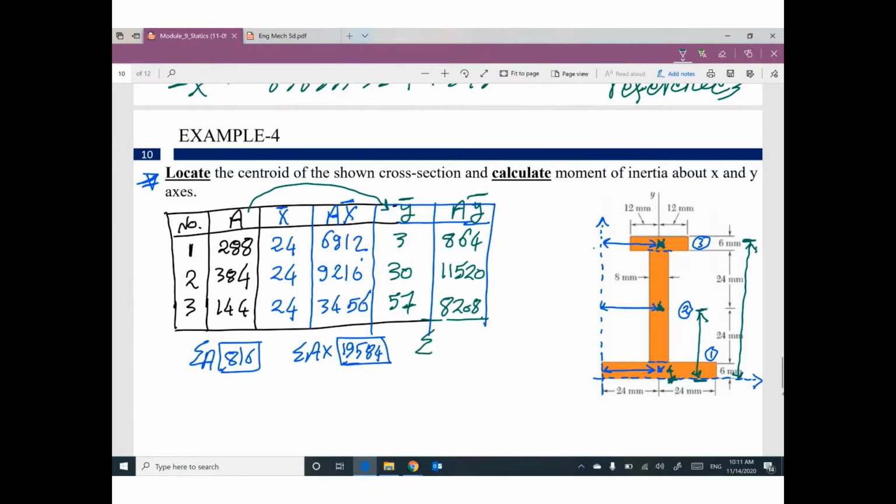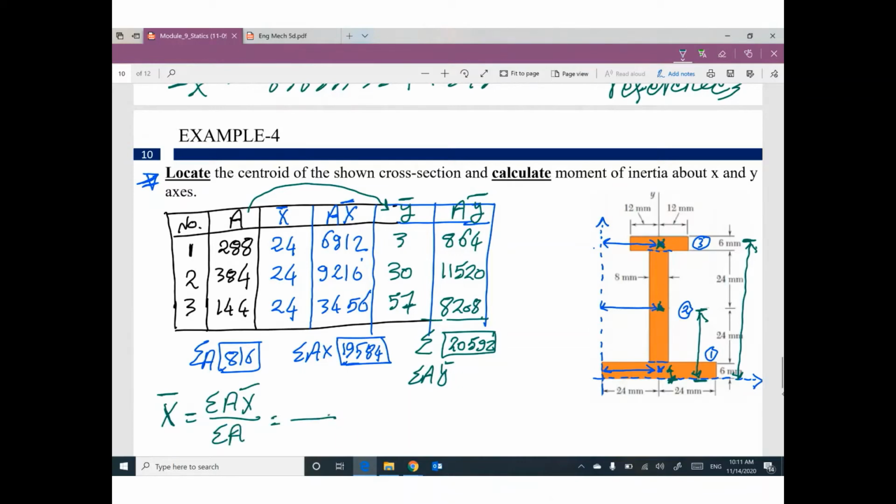Go ahead and get the summation for this column, which is summation of area y bar. Summation of this column will be 20,592. To locate your centroid, X bar for the centroid will be summation area X bar divided by area.